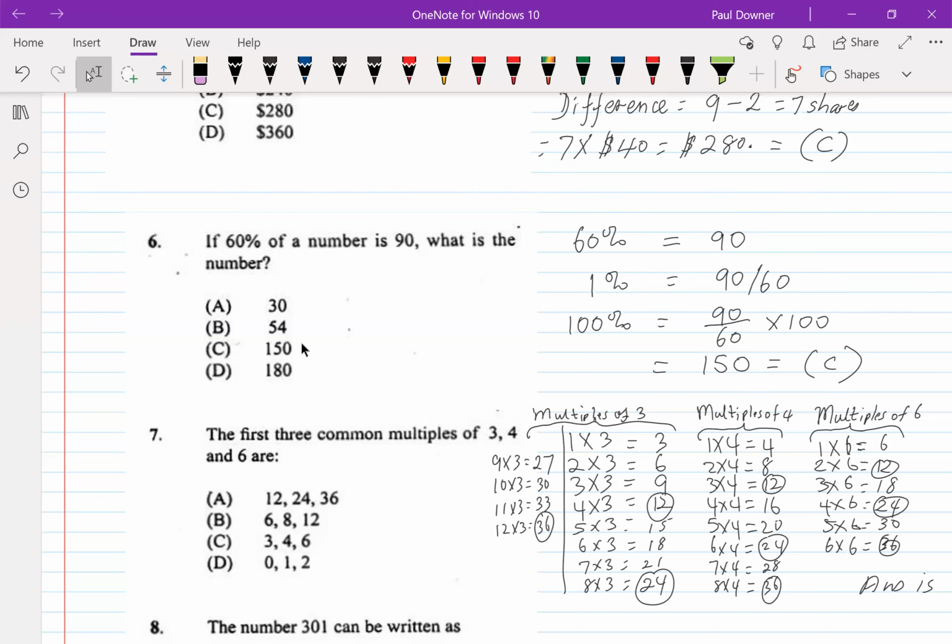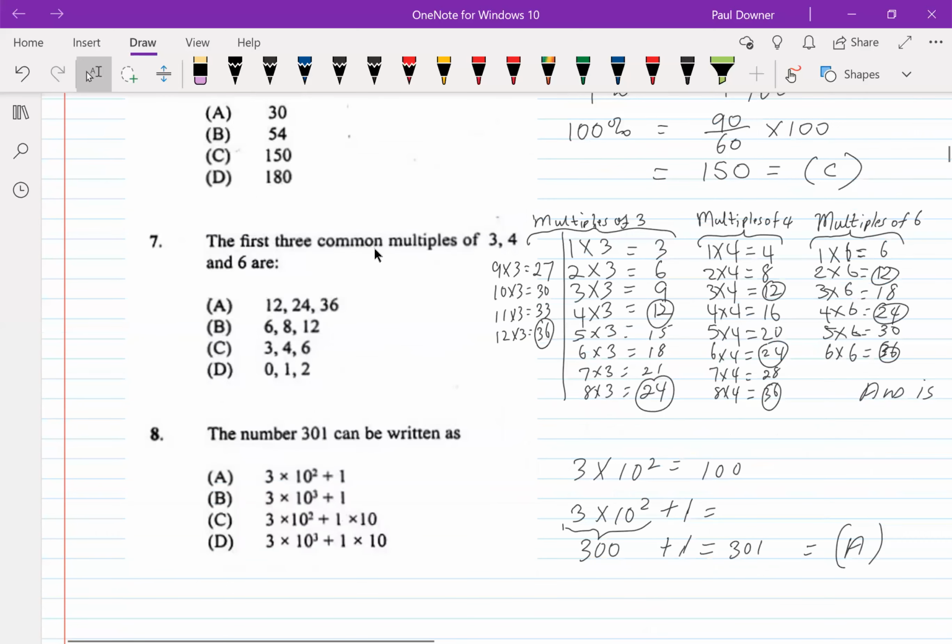Number 7. So in number 7, they say the first 3 common multiples of 3, 4, and 6 are. Well, what is a multiple? A multiple means take that number and multiply it sequentially by counting numbers or natural numbers. If we want to find the multiples of 3, the first multiple will be 1 times 3.